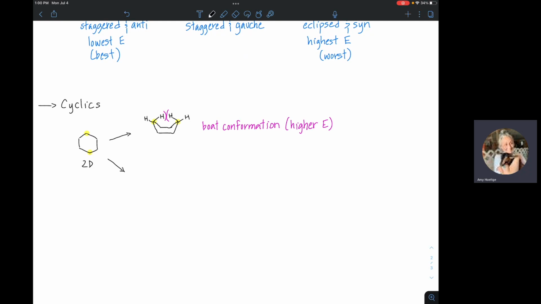So the easiest way to draw a chair is to take two parallel lines on sort of an angle like that. And I'm going to connect these. I'm building my ring here, where I've got a long bond on the top going from left to right, or you could do it right to left. I'm just going to start this way.